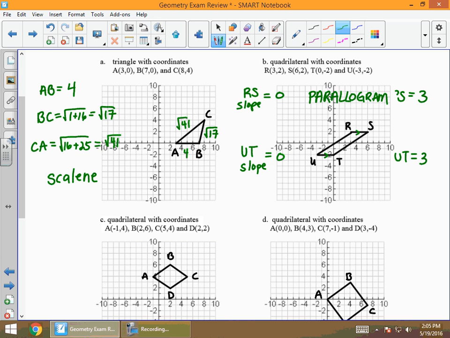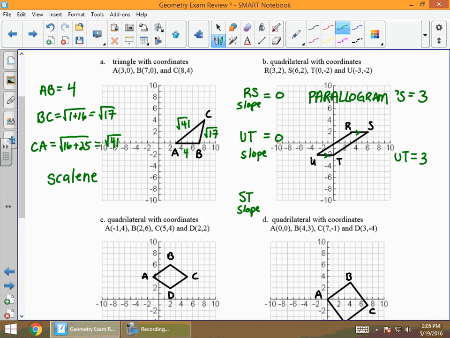Now, I do want to check and see maybe it is a rhombus. So if it's a rhombus, then I need to check ST. I'm going to check ST's slope, and I'm going to see, first of all, if it's an opposite reciprocal, because if it is, then I have a 90-degree angle.